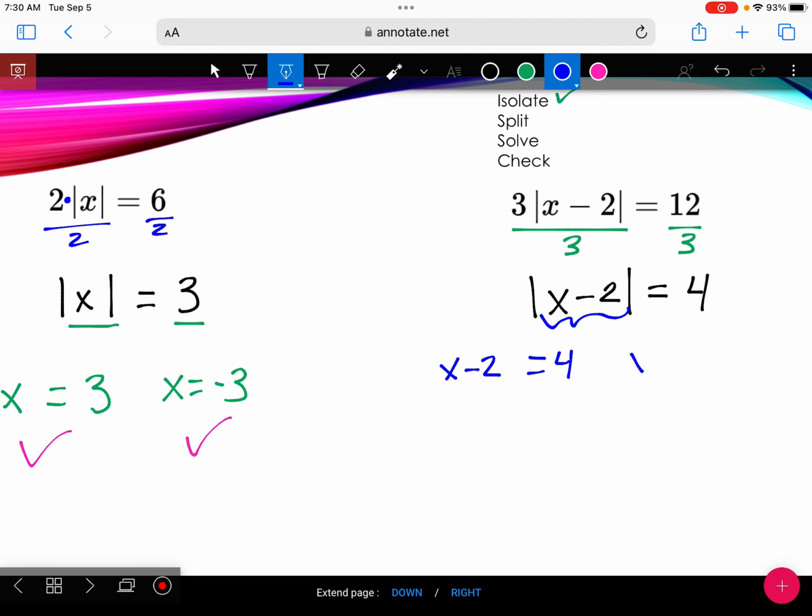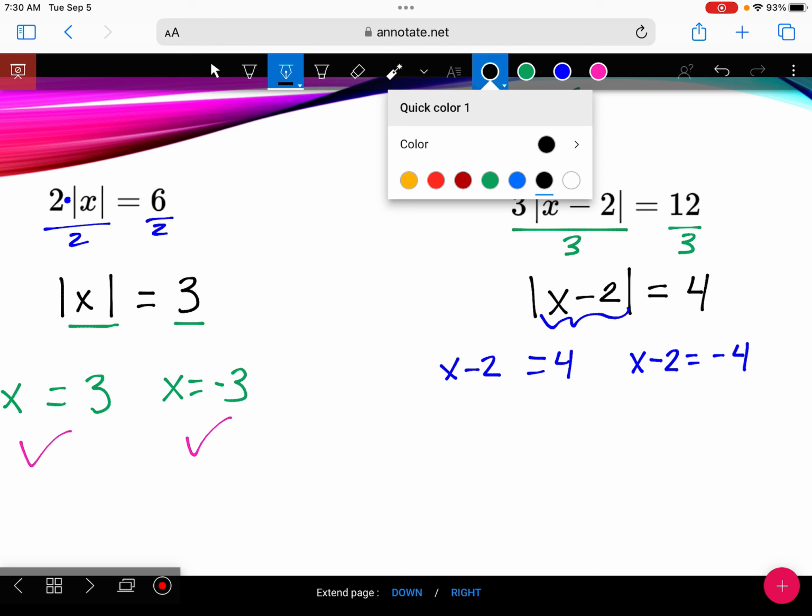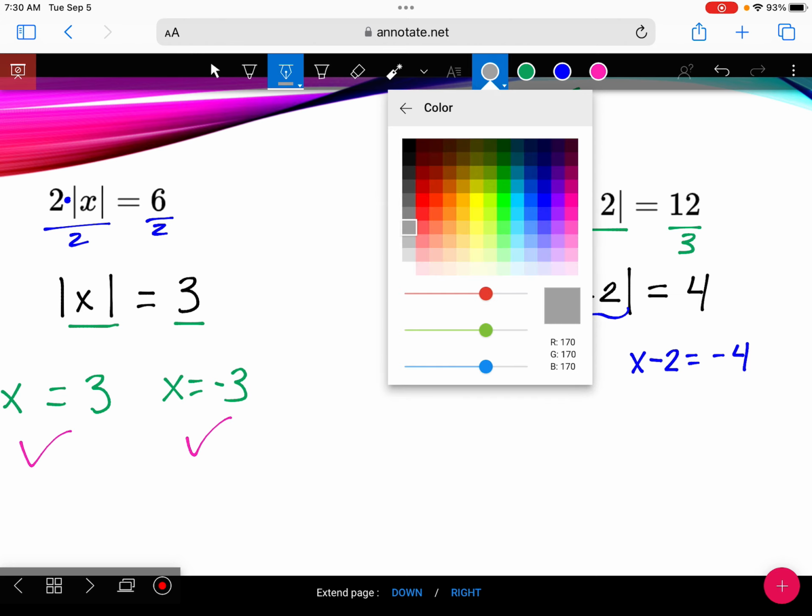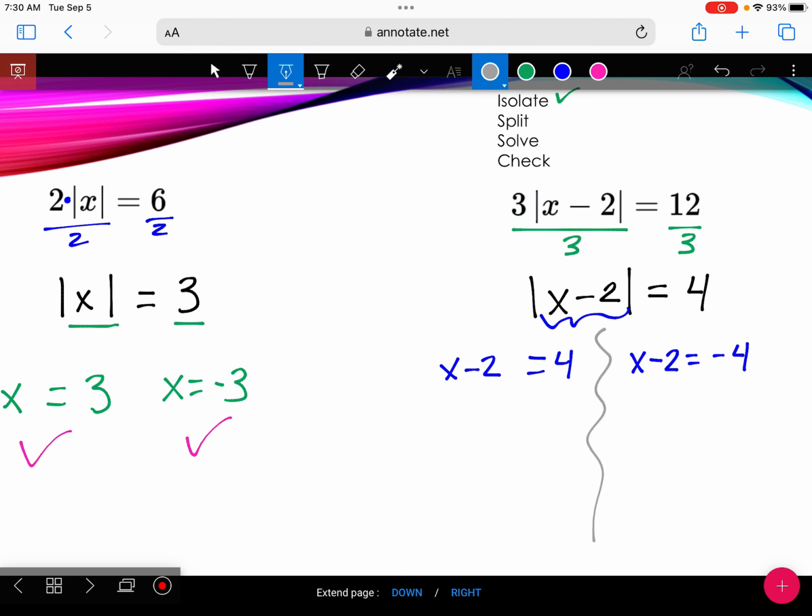So x minus 2 could equal negative 4. It could be that this is positive 4. It could be that this is negative 4. We have 2 cases here. I'm going to give us a little barrier because those 2 lines look real close together up there. That's just a barrier to keep our minds separate.